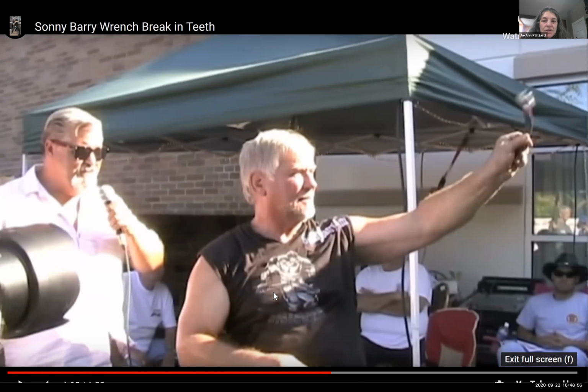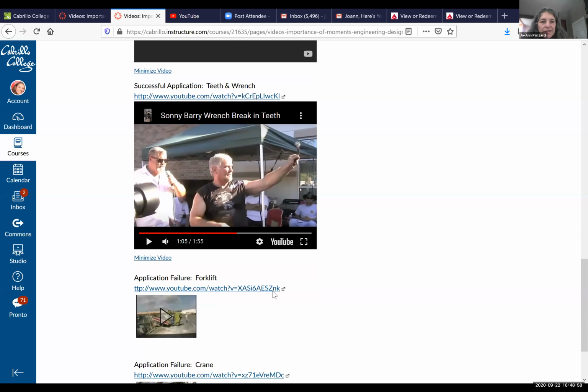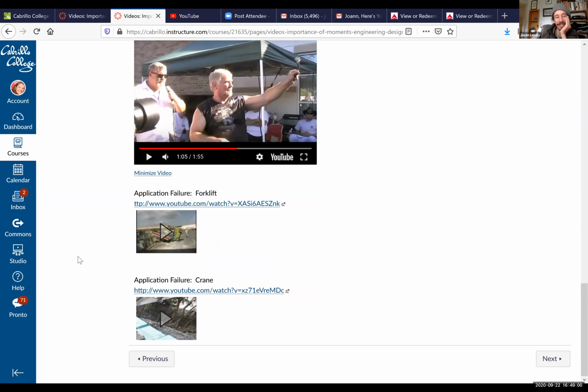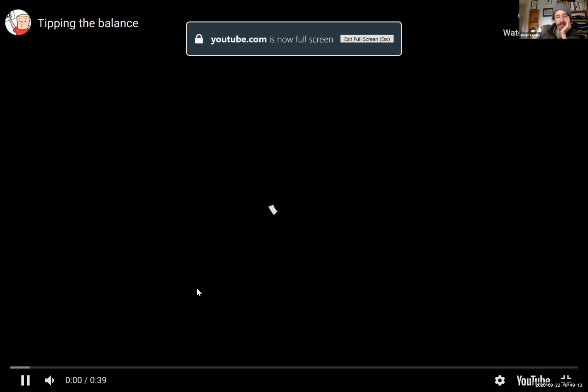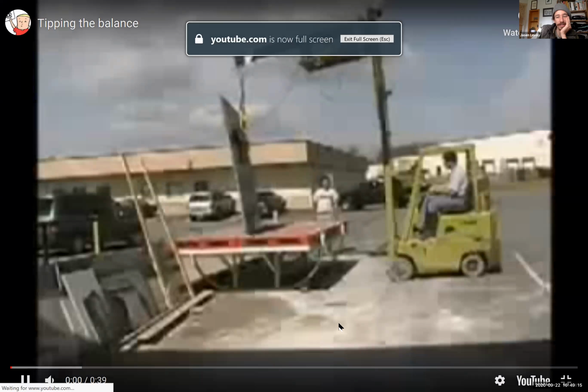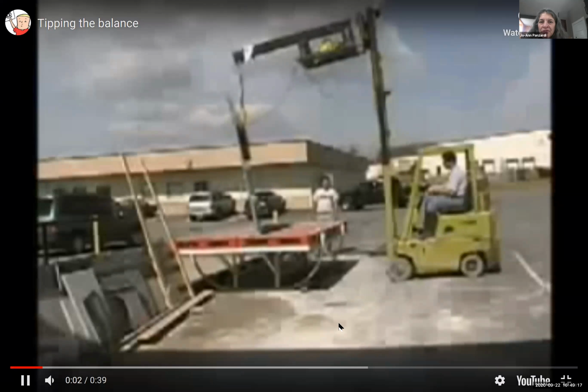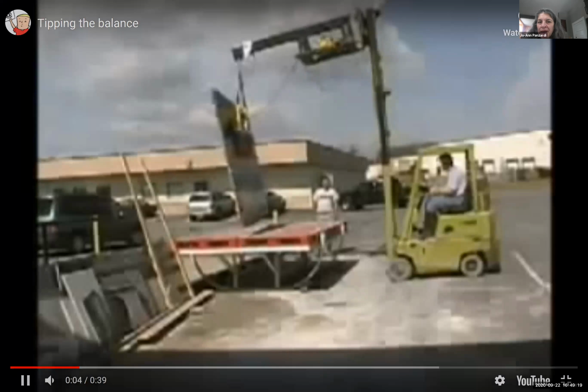Okay, so no one's getting hurt, but these are two situations where there was a failure, though it's not a big failure, so don't worry. Okay, ready? So we have a forklift holding up a sheet of metal.